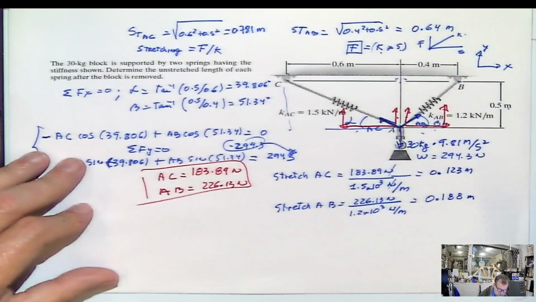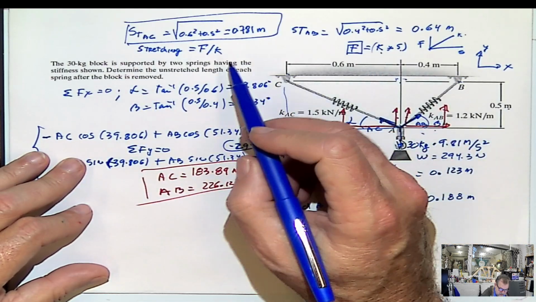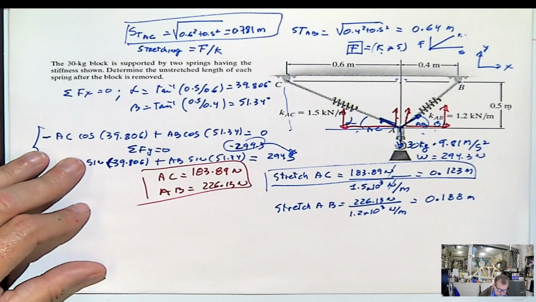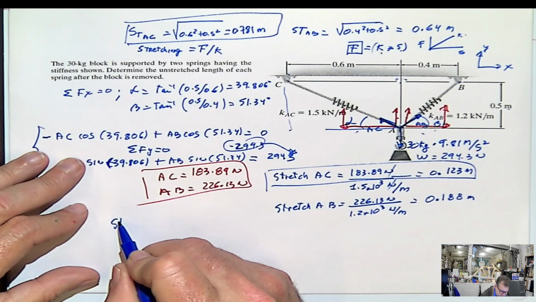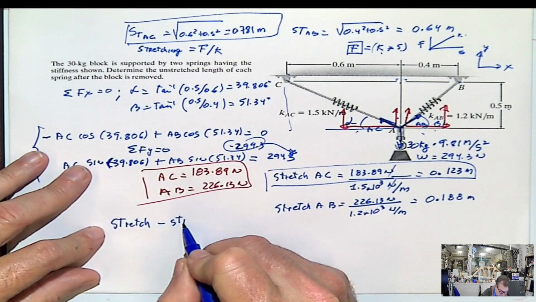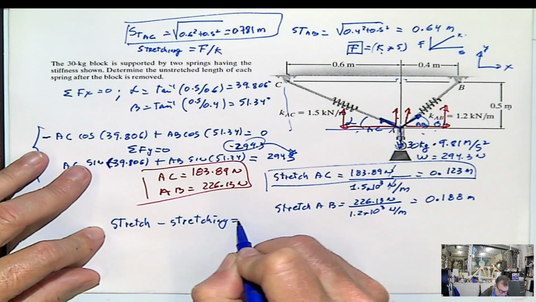Now, I have the stretched length of AC and the stretching of AC. What do I have to do? Stretched length minus stretching, that will be the original.